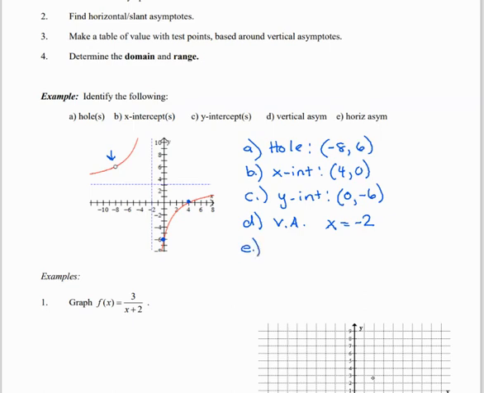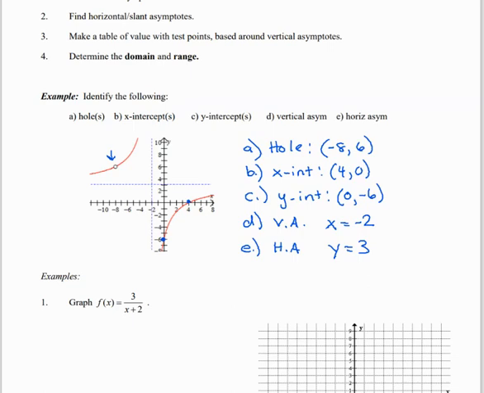And then E, our horizontal asymptote, is going to be up at y equals 3. There are no slant asymptotes, right? There are no diagonal dotted lines, so there are no slant asymptotes. Those are some of the key pieces. That means we have 3 areas of discontinuity. At the hole, there's a gap, and at my different asymptotes, there are also gaps.